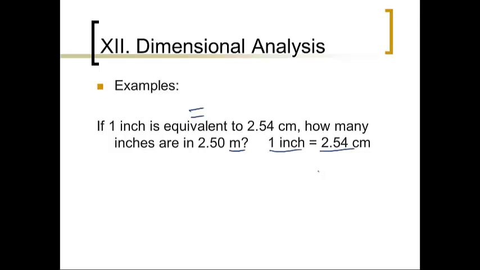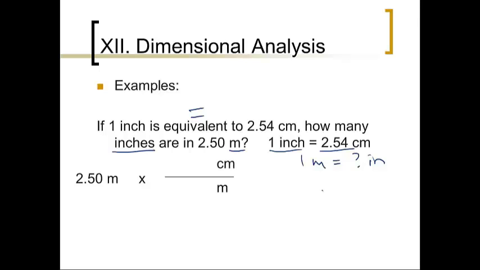We want to start out with 2.50 meters times something over something. I want meters on the bottom. Ideally, I would like to change it into inches, but we don't have an equality between meters and inches. So what do we do? Instead of going to meters, I go to centimeters.